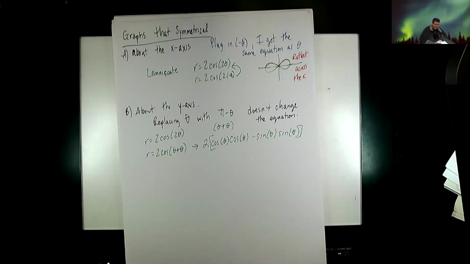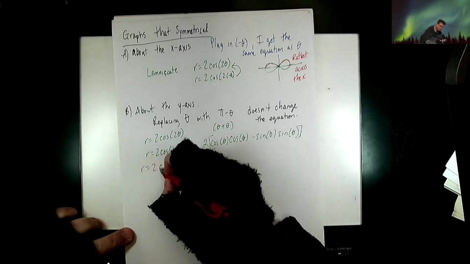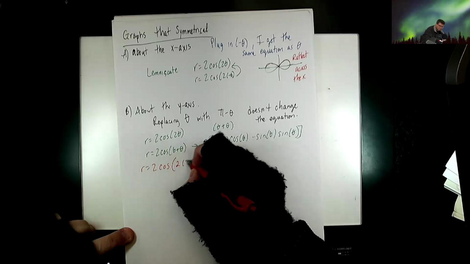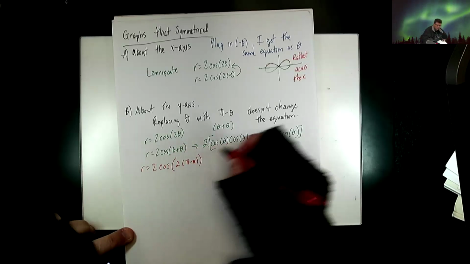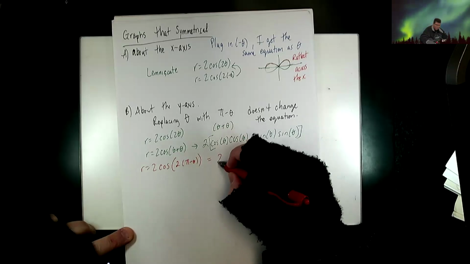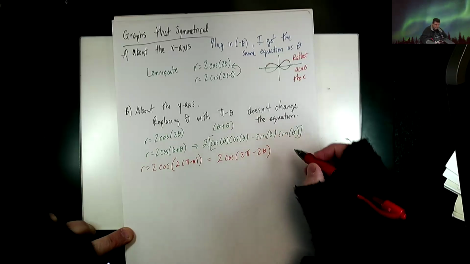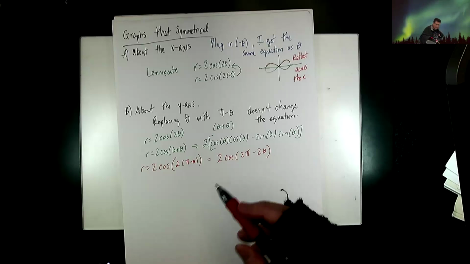We're going to do something like that. If I plug in pi minus theta, though, this is 2 cosine 2 pi minus 2 theta. So I'm going to follow the same pattern.